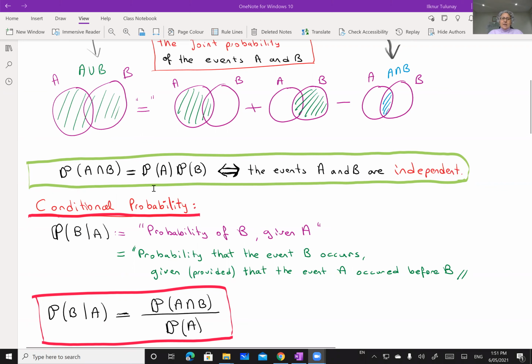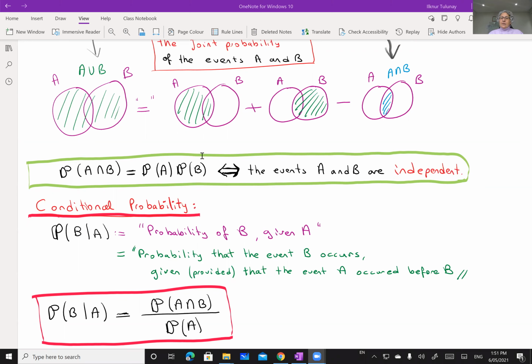Does it make sense? The probability of A occurring times the probability of B occurring. If these two events are independent, if their occurrences do not depend on each other, then their occurrence at the same time will be exactly the product of these two probabilities.